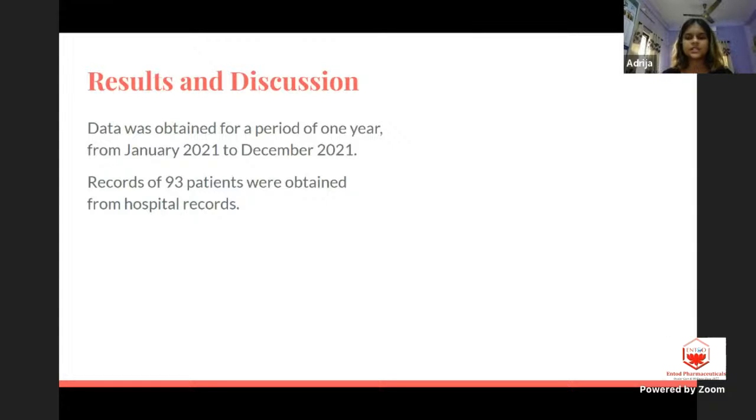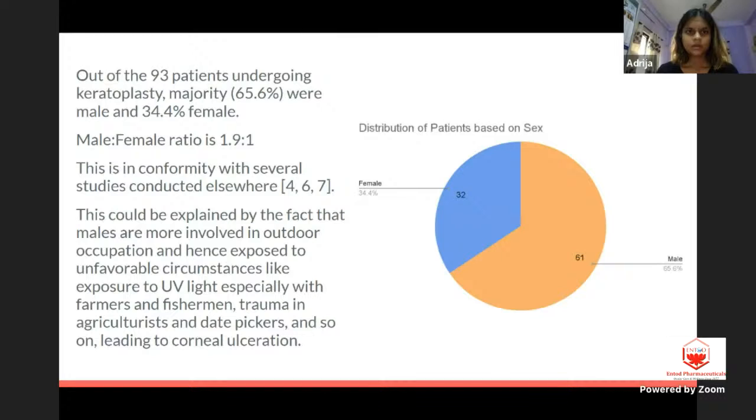Now coming to the results and the discussion that were obtained. Out of the 93 patients undergoing keratoplasty, almost 66% were male, and the male to female ratio was 1.9:1. This was in conformity with the studies conducted elsewhere.